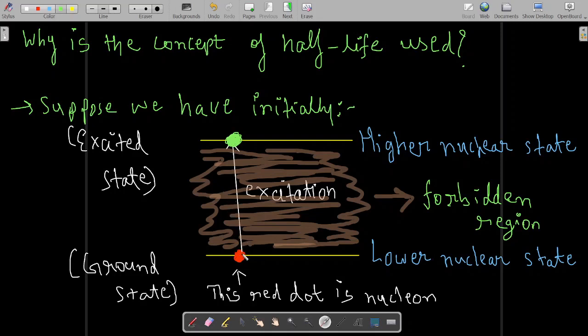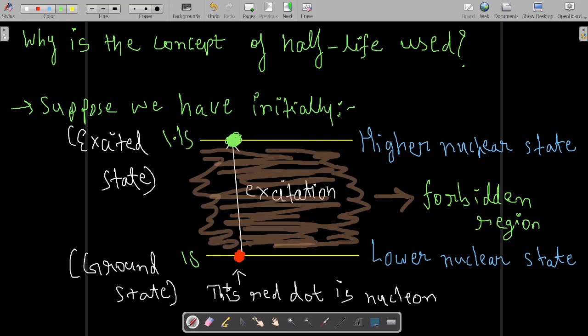So the nucleon has gone from the ground state to the excited state directly without passing through this region. Suppose at time 1 second it was here. Then at 1.1 second it will suddenly be seen over here.